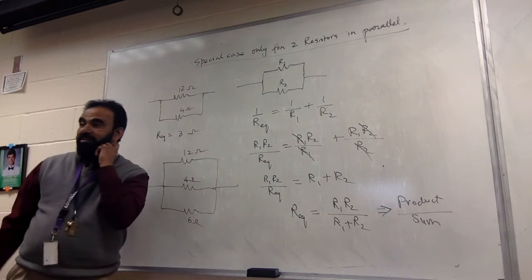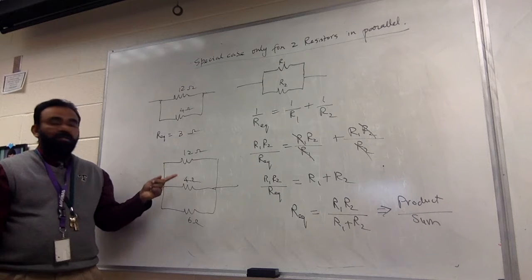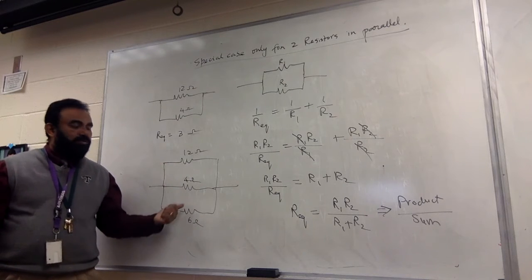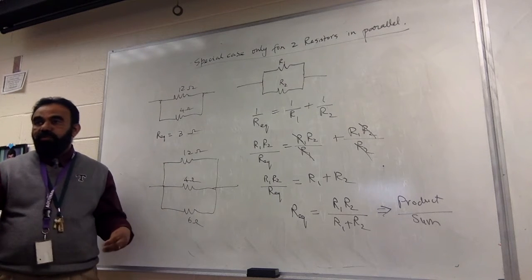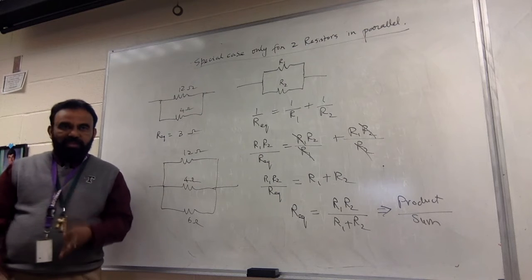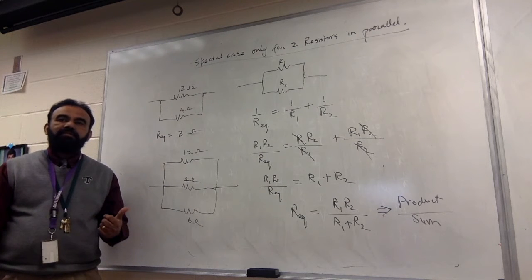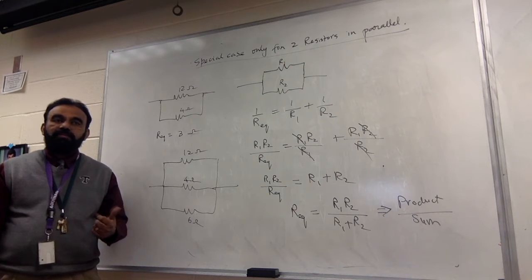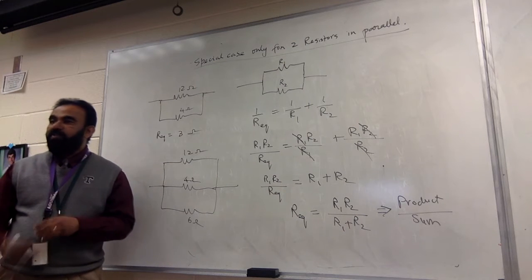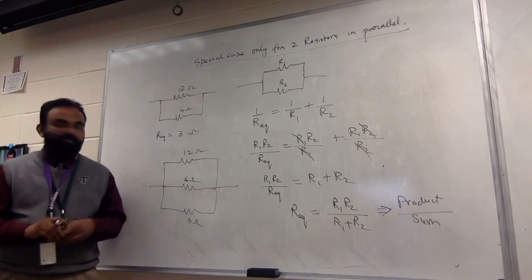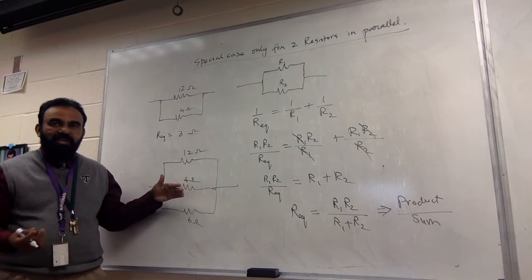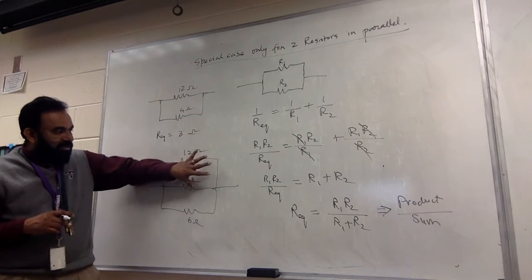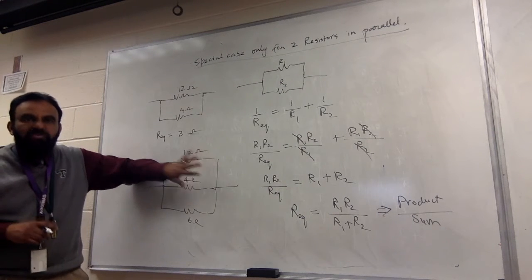If you have 3 resistors, then you have the option of doing 1 over 12 plus 1 over 4 plus 1 over 6 is equal to 1 over R equivalent. You plug everything into the calculator and then get the answer. That's one option. The other option is to take 2 at a time. Like these two together, what's the answer? 3. So just imagine that you replace the whole thing and put 3 instead.